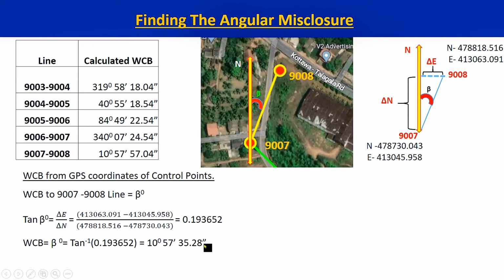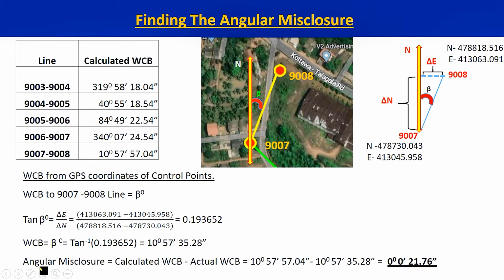But the actual one is 10 degrees, 57 minutes, 35.28 seconds. So the difference is the angular misclosure. So the angular misclosure is the difference between the calculated WCB and the actual WCB. So it is 0 degrees, 0 minutes and 21.76 seconds.